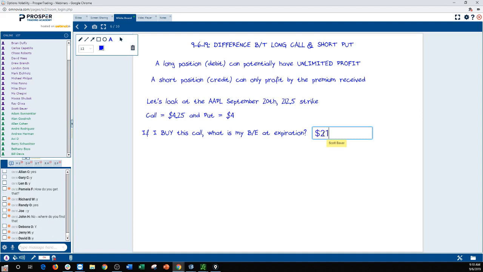Okay, so what does the 212 and a half call allow me to do, Pamela, or anyone else? What does the 212 and a half call allow me or any owner that owns that option to do?